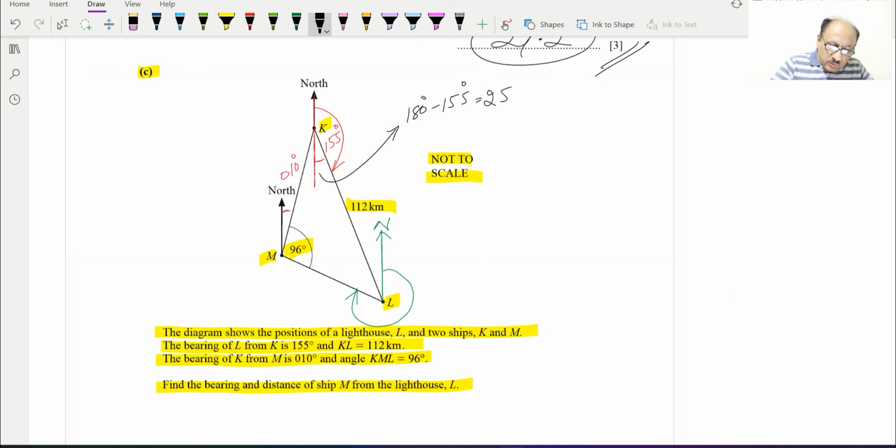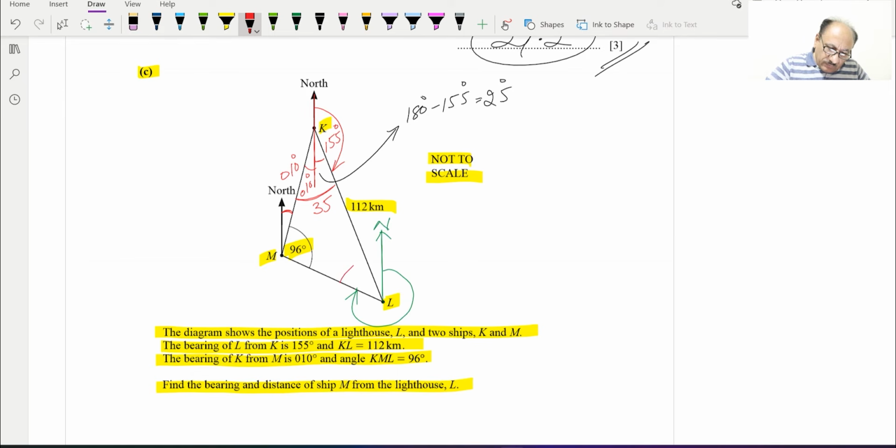So this angle is 25 degrees, and we can calculate the other angle, which is this one, and this angle will be the same as this angle because this is 010. So this will also be 010. So this complete interior angle, 25 plus 10, will be 35. We calculated this as 35.